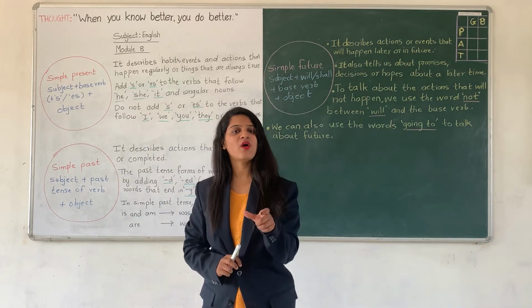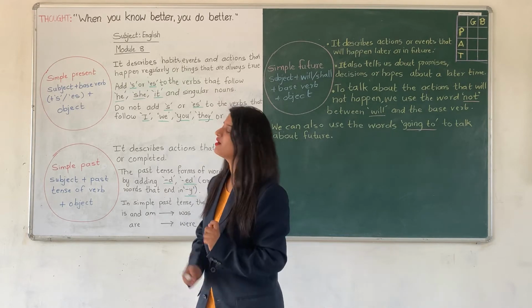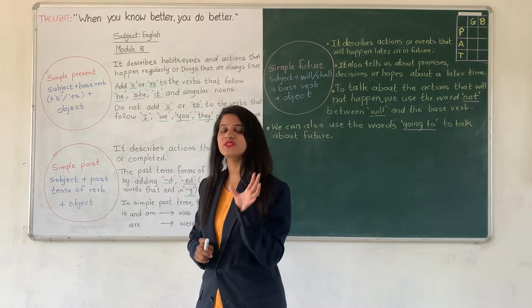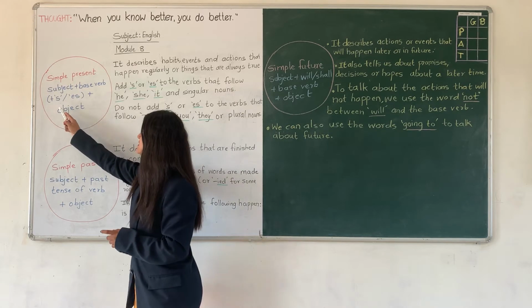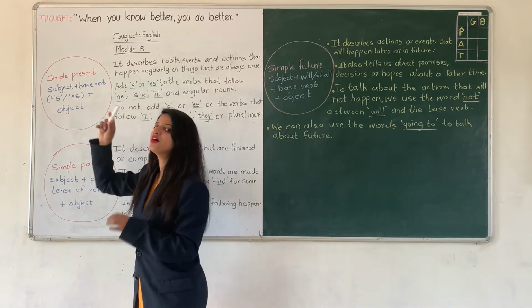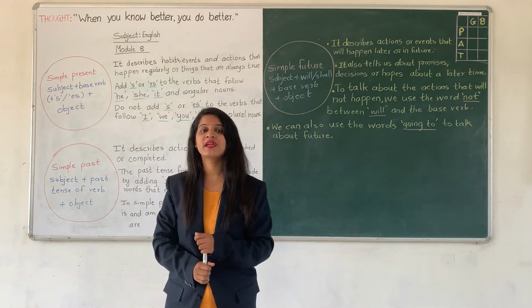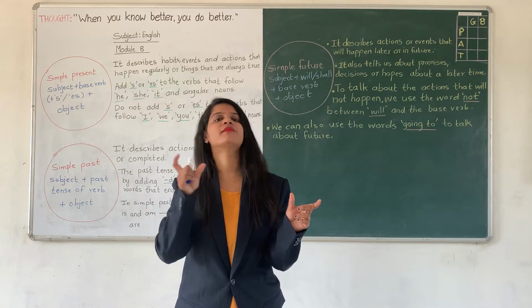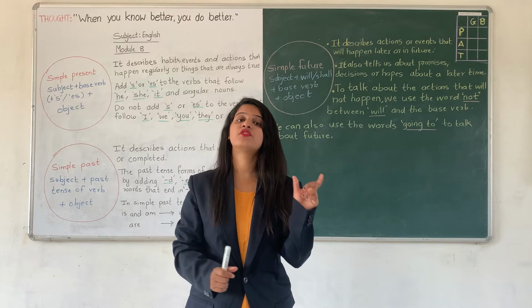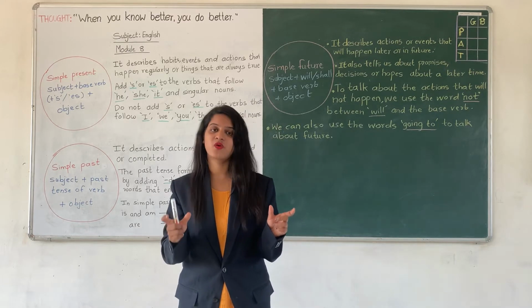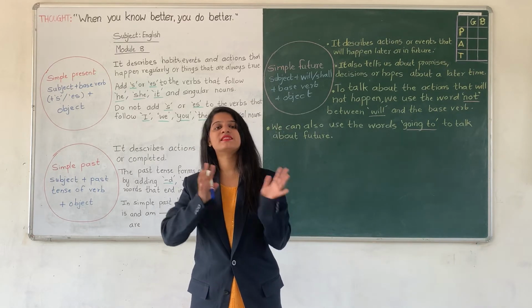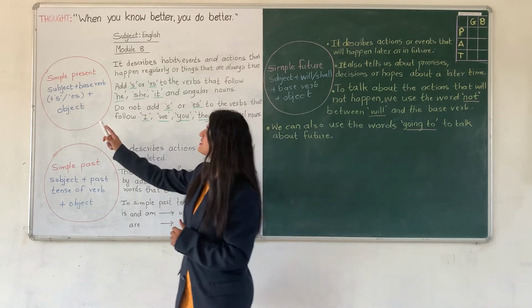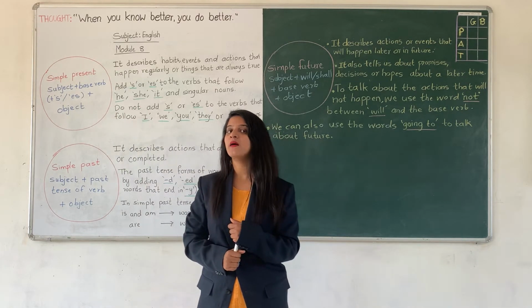Now we are not only writing the base verb. Sometimes we are adding s or es to the base verb. Like play will become plays, eat will become eats, drink will become drinks. So this is how we add s or es to the base verb.